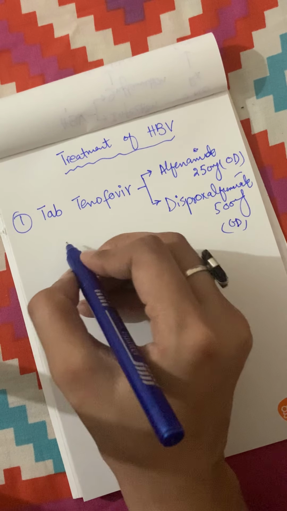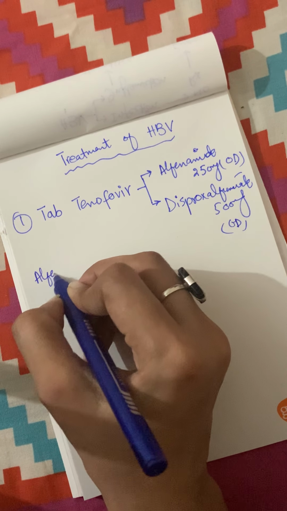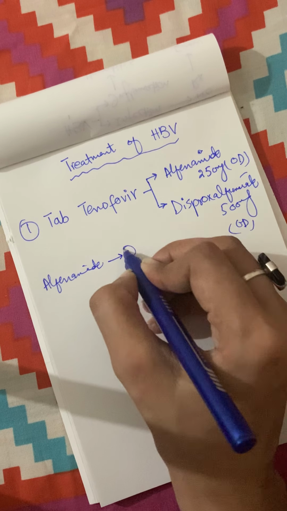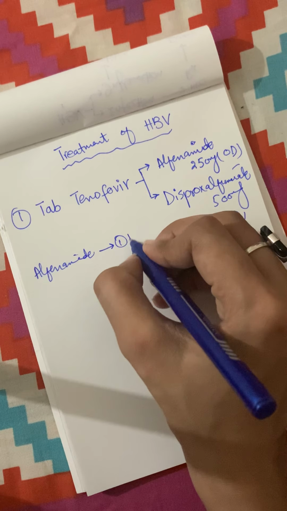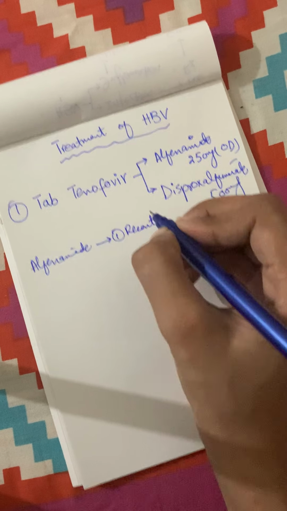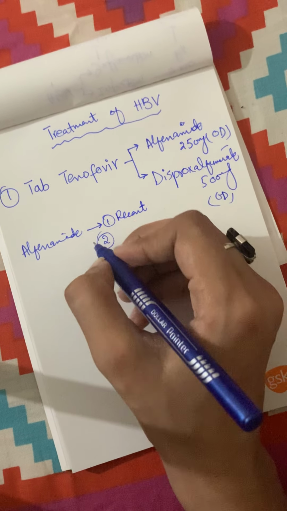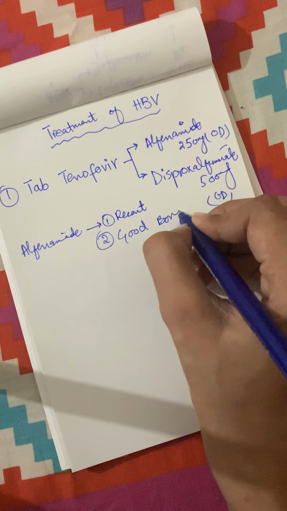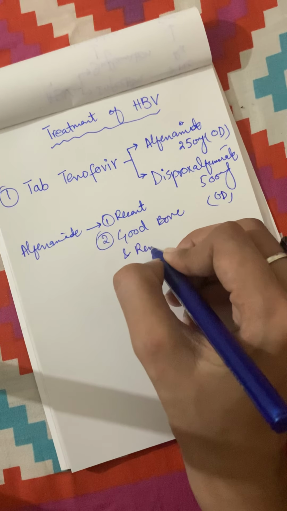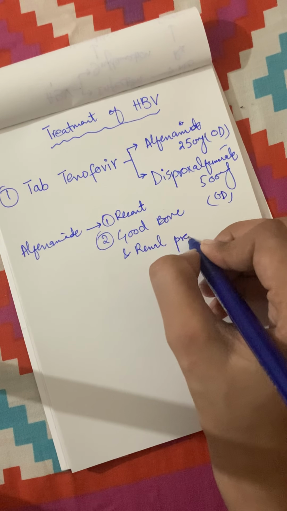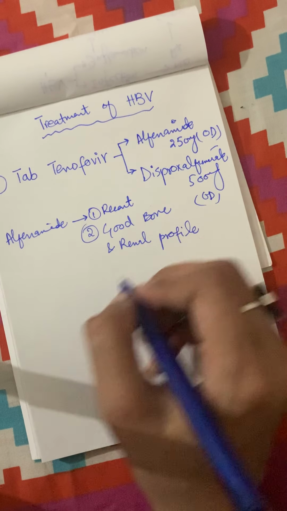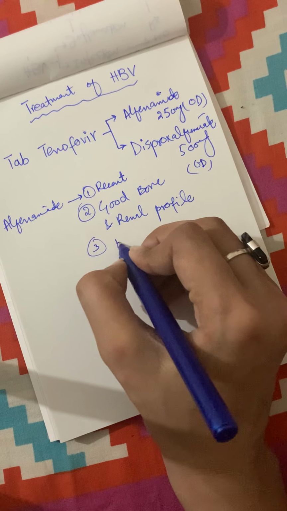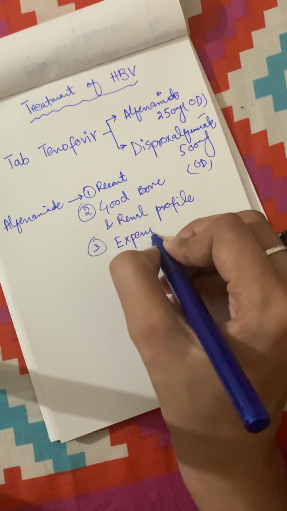Alafenamide is a new drug. Recent studies have been done on this drug. It has a good bone and renal profile compared to disoproxil fumarate, but it is costly and expensive.